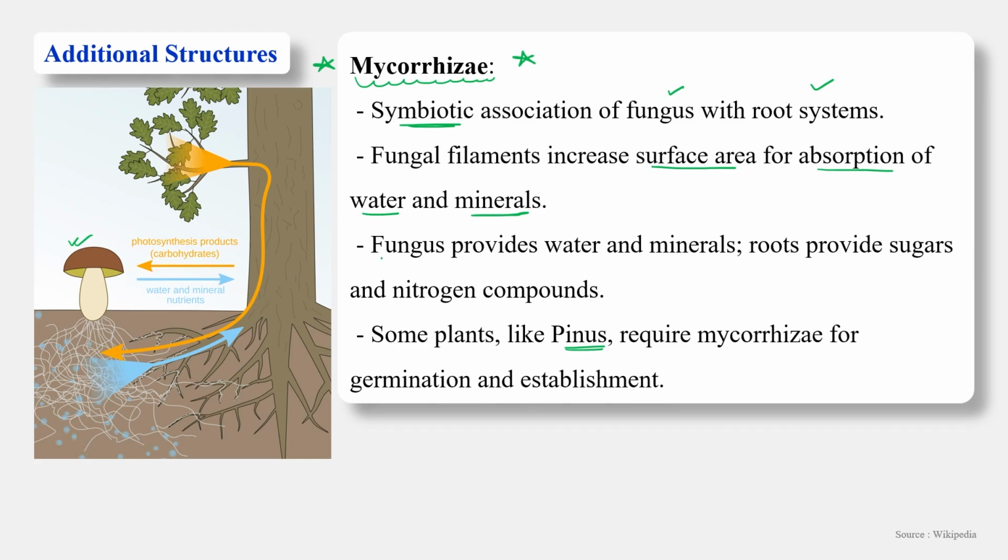Okay, the fungus is benefited by the plant, as this plant provides sugar and nitrogen compounds to the fungus, and the fungus provides water and minerals to the plant. Okay, so this symbiotic relationship is known as mycorrhiza. It is a very important example of symbiotic relationship which is present among fungus and Pinus roots.